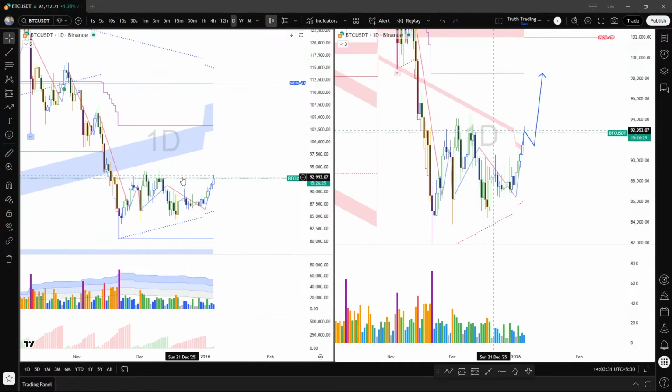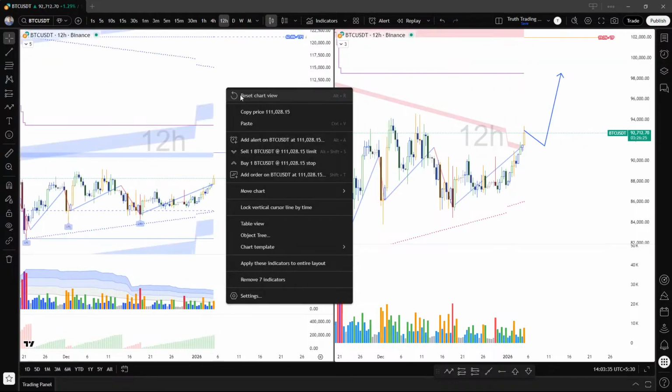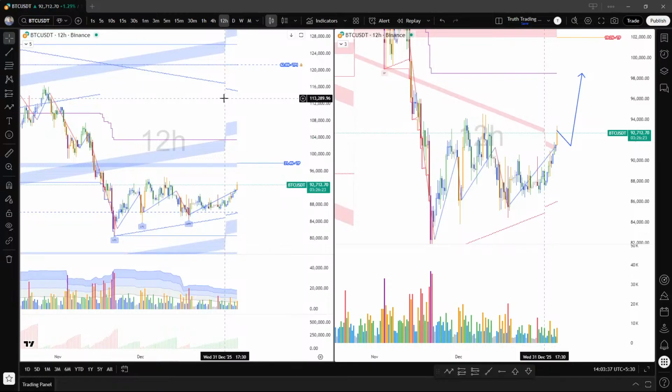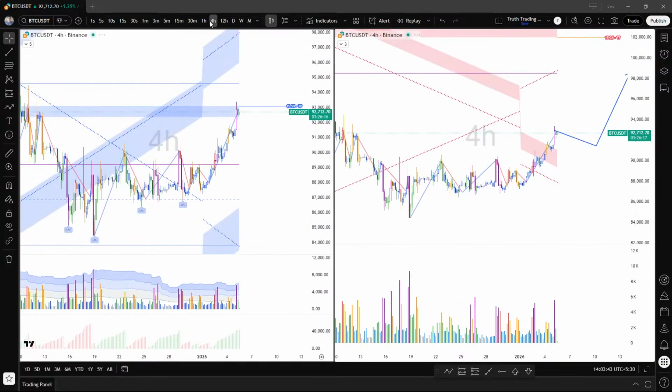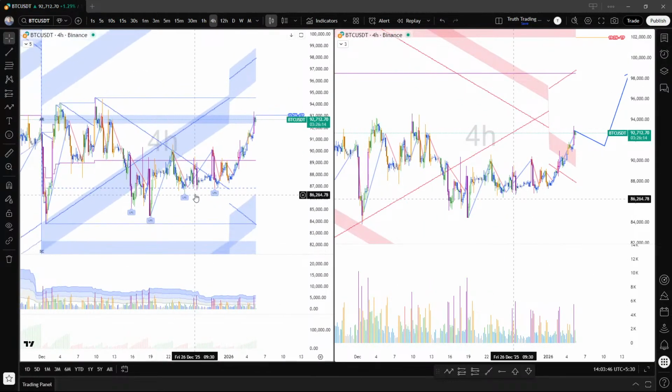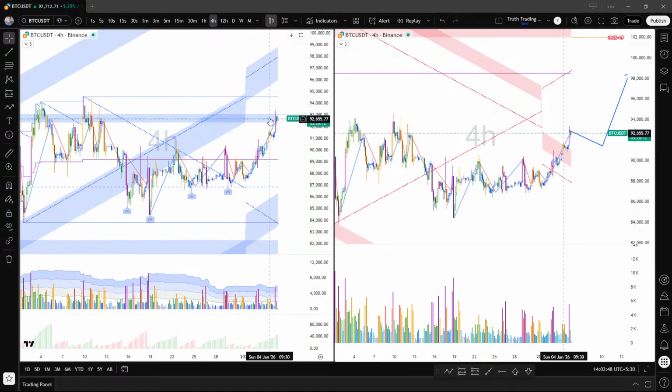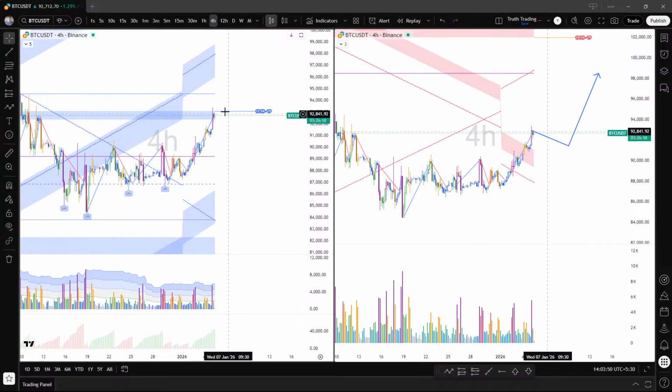We might see some retracement here and then it will have a continuation of trend. So if I go to the 4 hour time frame, we see that this LP has reached its target here. This was the target on 4 hour.